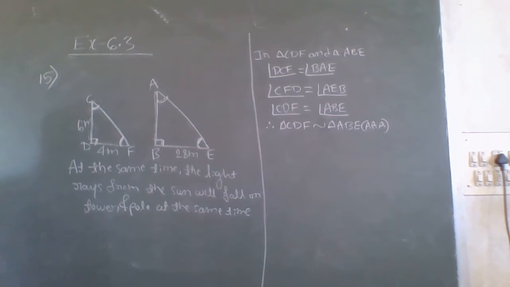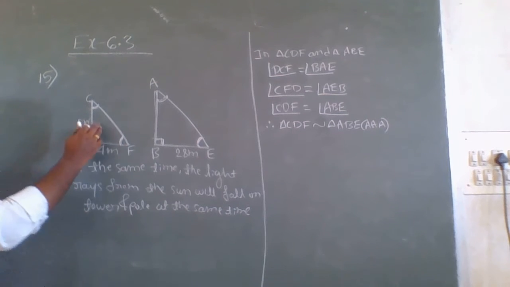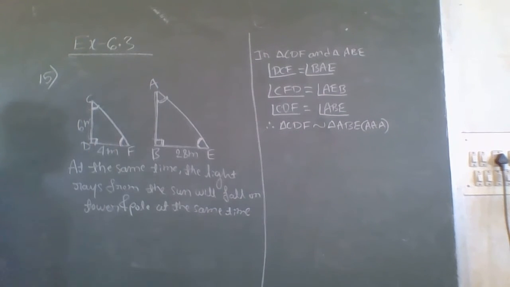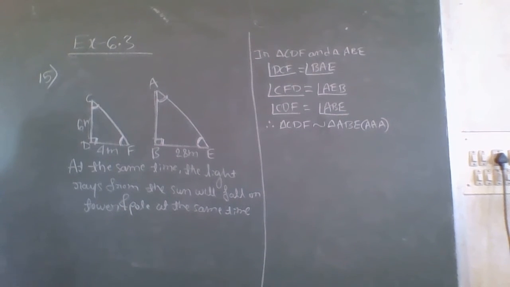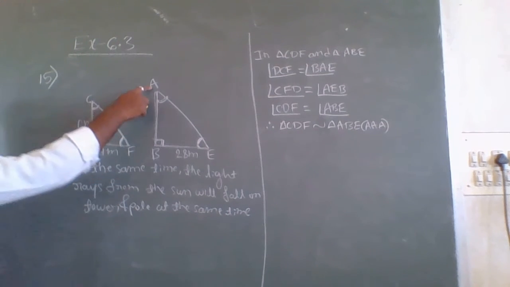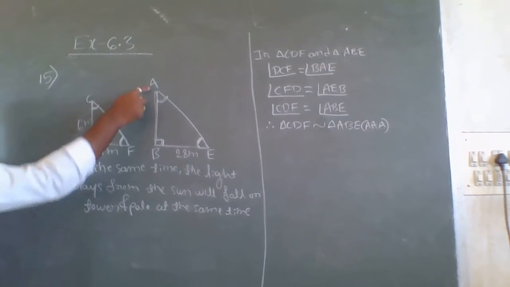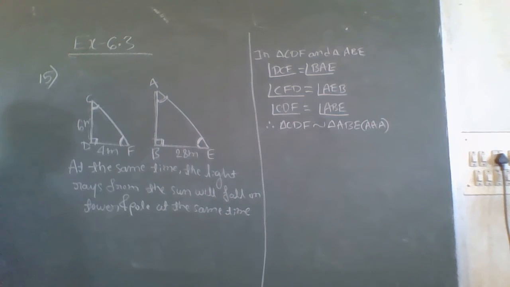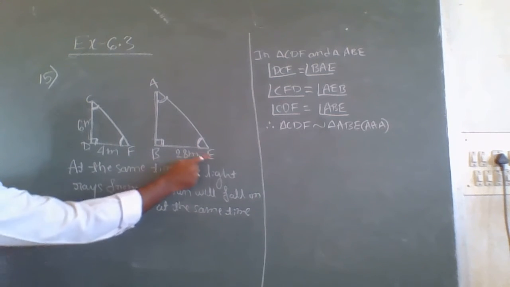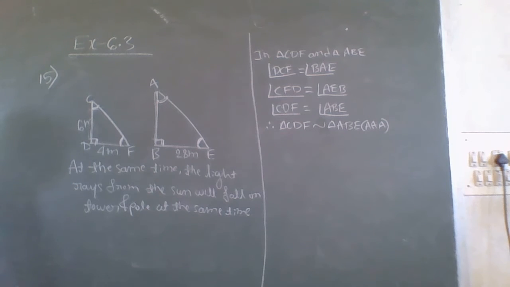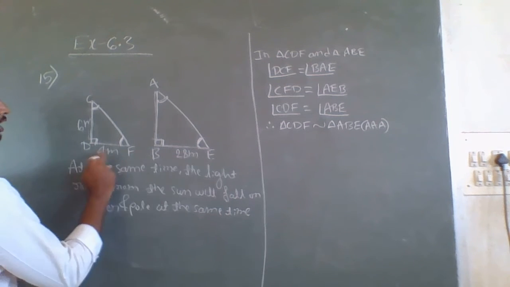So now we know that if these two triangles are similar, then corresponding sides are proportional in similar triangles. Therefore, I will consider here AB by CD, these two are corresponding sides, equals to BE by DF, because these two are corresponding sides.